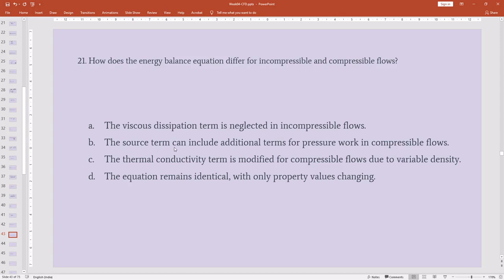Option B, the source term can include additional terms for pressure in compressible flows. Option C, thermal conductivity is modified for compressible flows due to variable density. Option D, the equation remains identical with only property values changing. You can inbox your answers.